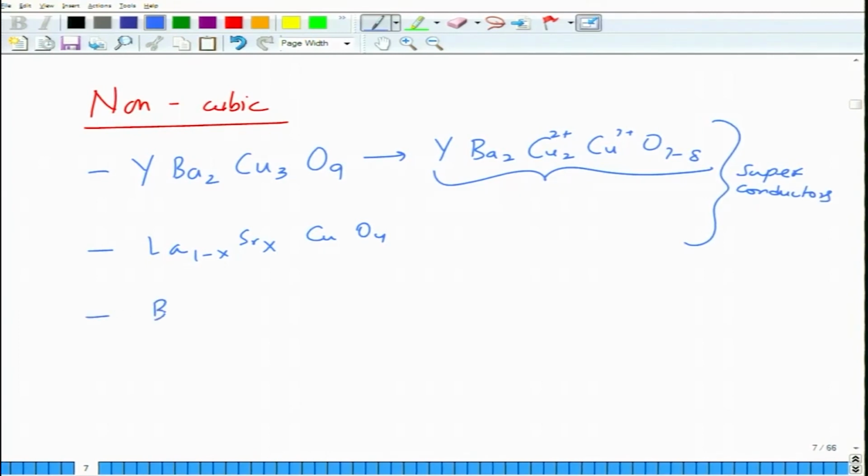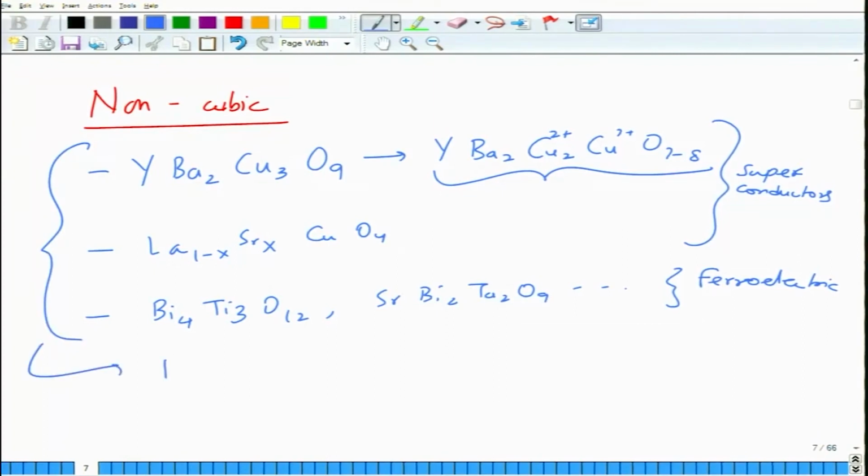Then you have compounds such as Bi4Ti3O12 and SrBi2Ta2O9. These are all ferroelectric. They contain perovskite units in them.